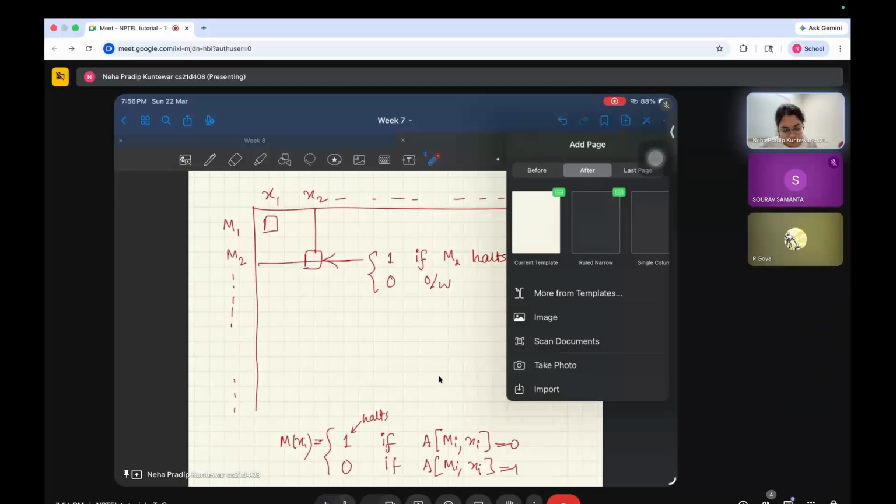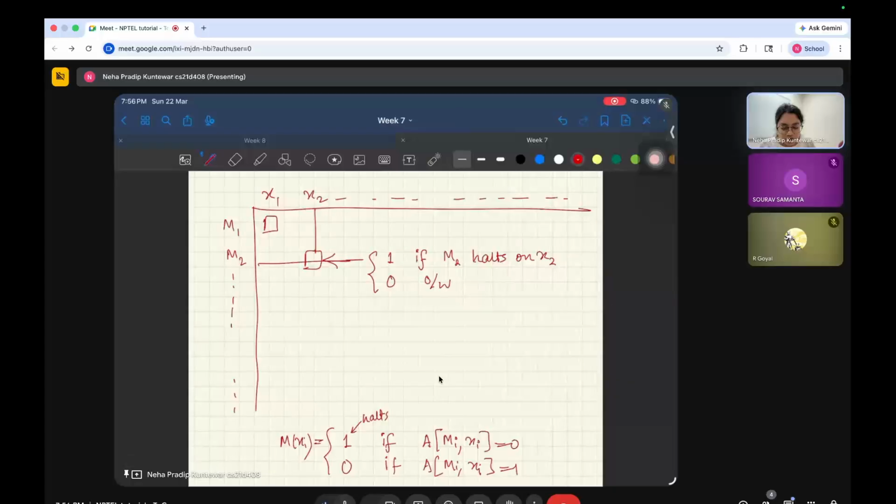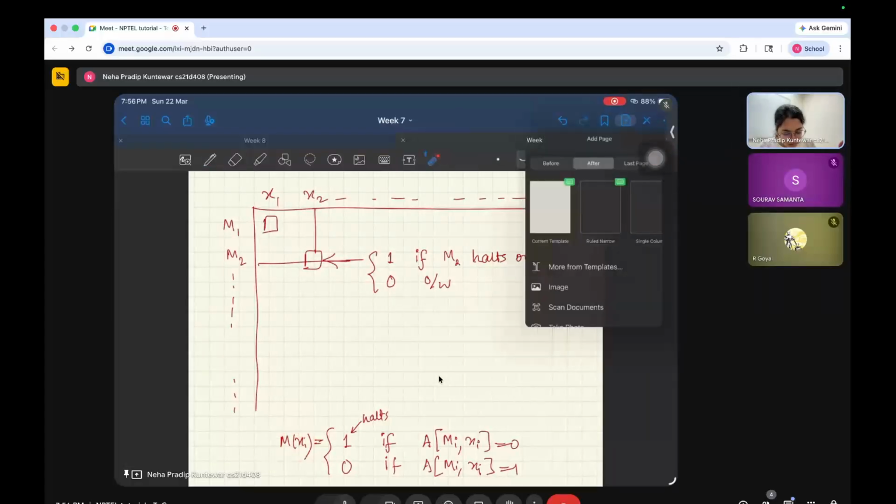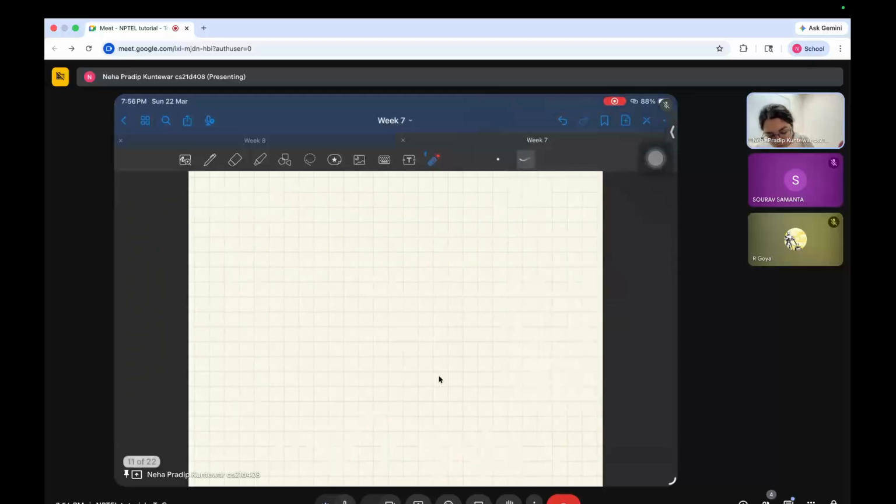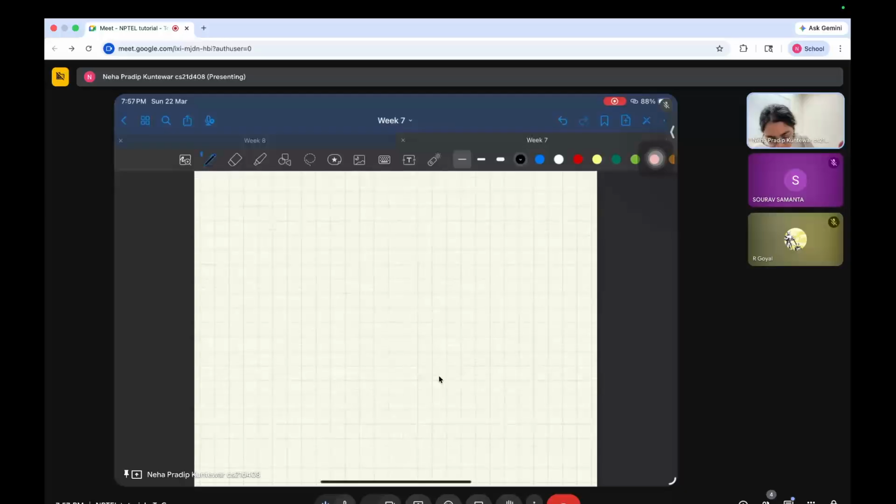Then you are basically flipping the behavior of this machine. Okay, let me write down all the steps, so that we know which step is which. We started with our assumption that the set of all machines is countable.